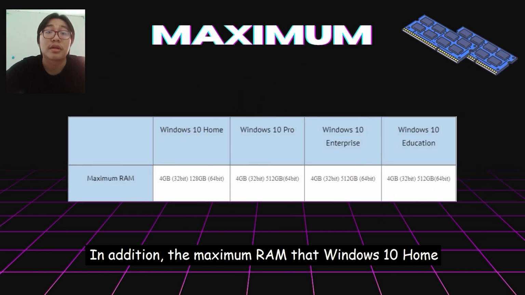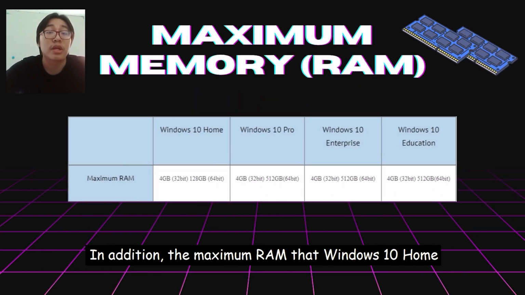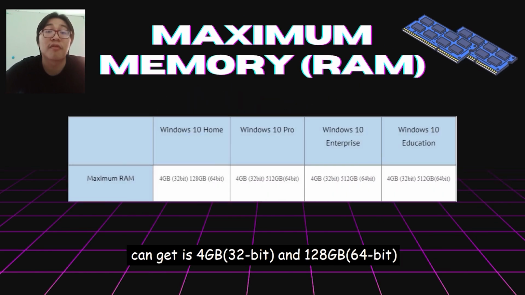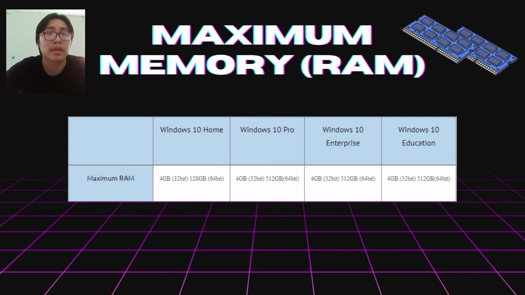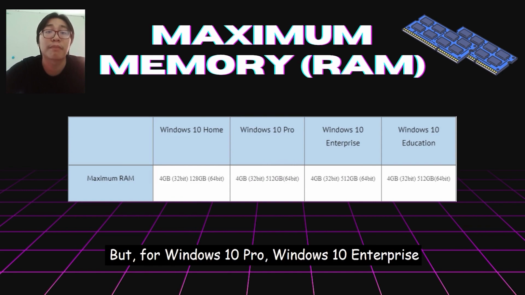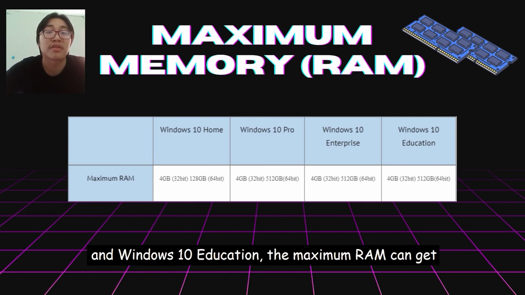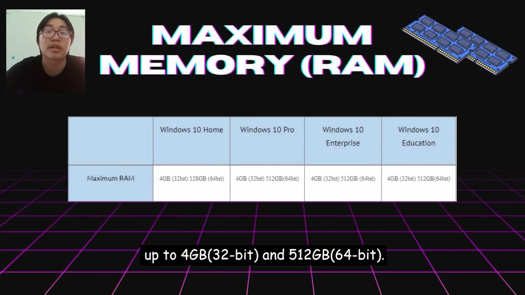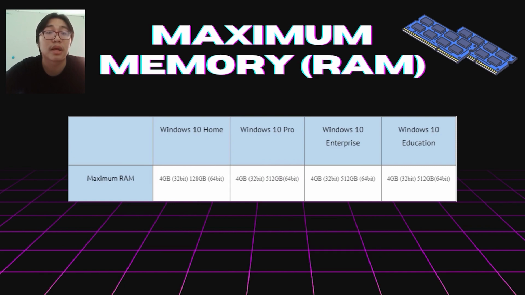In addition, the maximum RAM that Windows 10 Home can get is 4GB for 32-bit and 128GB for 64-bit. But for Windows 10 Pro, Windows 10 Enterprise, and Windows 10 Education, the maximum RAM can get up to 4GB for 32-bit and 512GB for 64-bit.